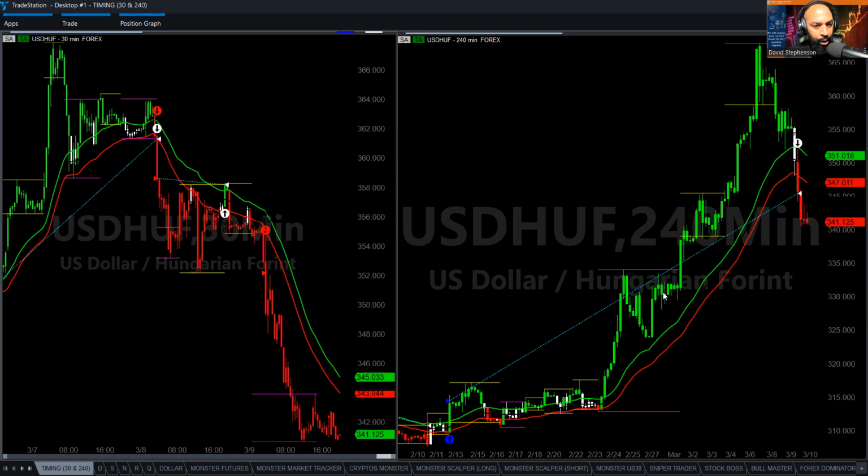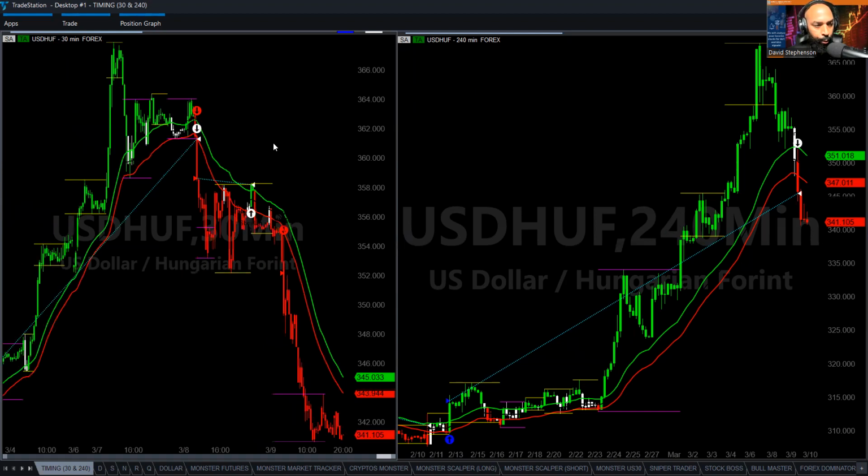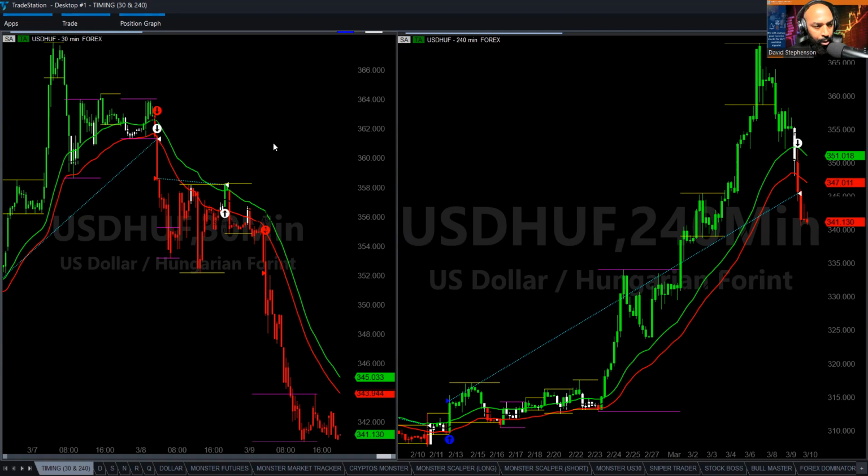You can go short, but don't do it on the 240. You can do it on a smaller time frame, like the 30. Here's a 30, and here is a sell short signal right here on the 30-minute. But don't do it on the 240. You will not have a sell short signal.